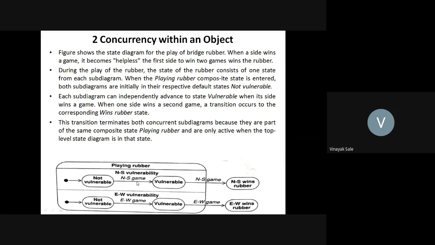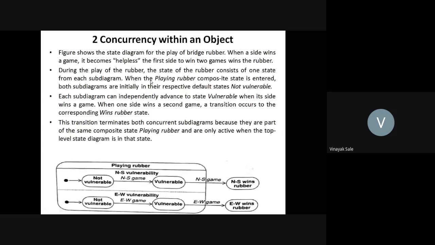So there are two types of vulnerability: NS vulnerability and EW vulnerability. Each has two parts: not vulnerable and vulnerable. Vulnerable means vulnerable, so not vulnerable and vulnerable. During the play of rubber, the state of rubber consists of one state from each subdiagram.